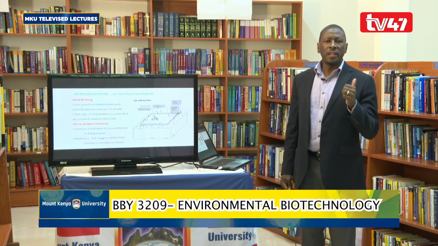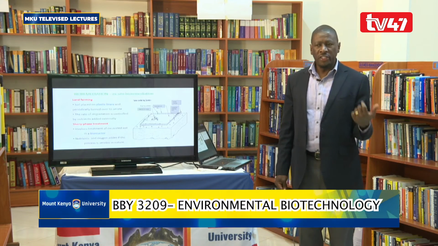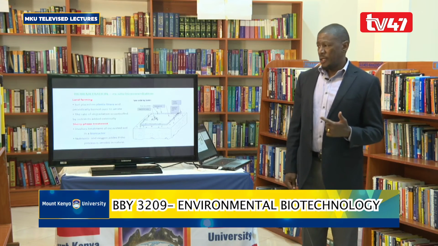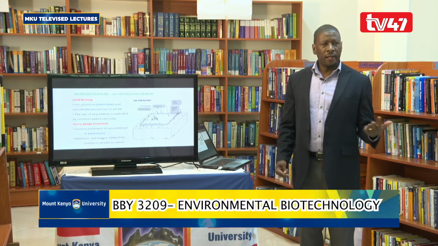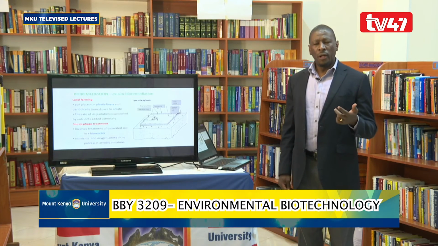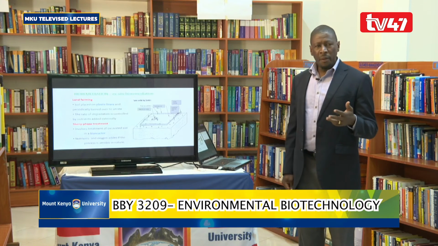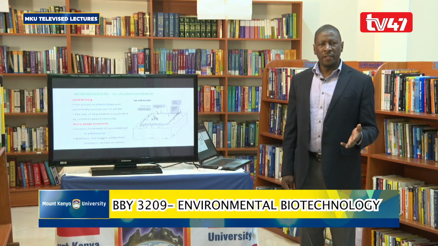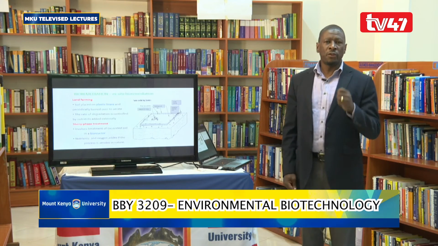So we control things like the air, meaning oxygen, whether we want oxygen or not. We control the pH by either adding alkaline solution or acid solution. We control many other things within the bioreactor, temperature and many other things. So we control the environment so that we have optimum growth of the microorganism.